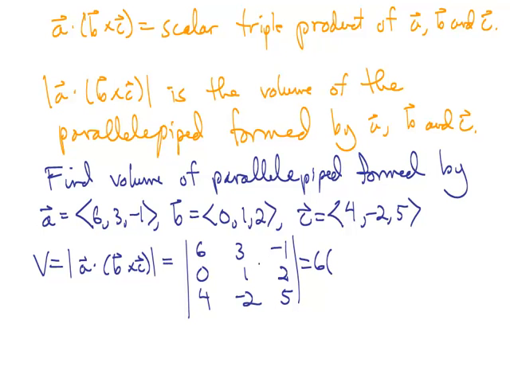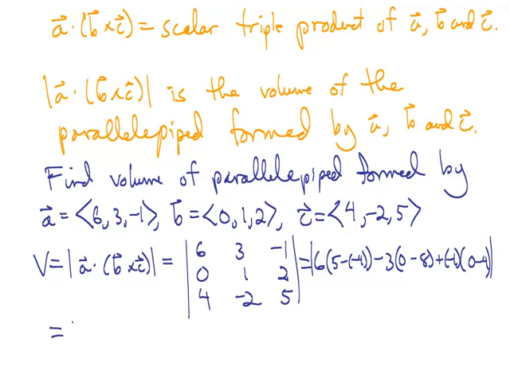It'll be 6 times the determinant of this lower right, that's 5 minus a minus 4, minus 3 times, block out its column and row, take the determinant of what's left, that's 0 minus 8, and then plus a negative 1 times the determinant of the lower left, that's 0 minus 4. And we want the absolute value of this, again, make sure it comes out positive for the scalar triple product.